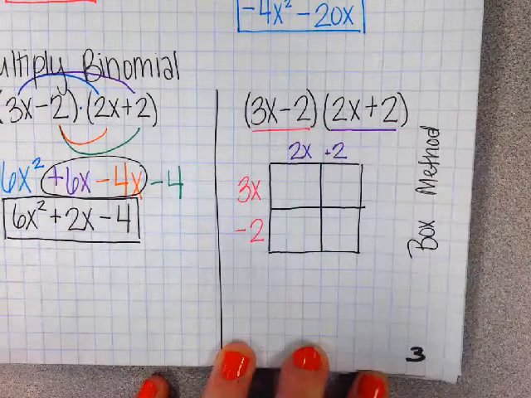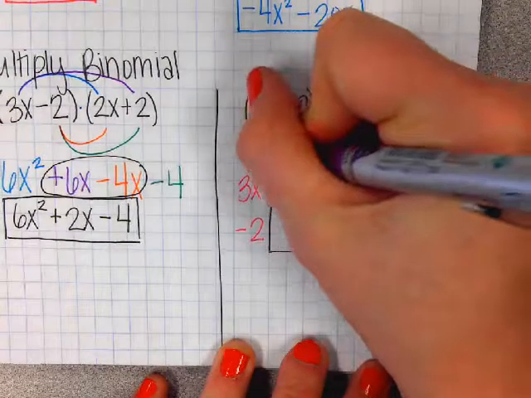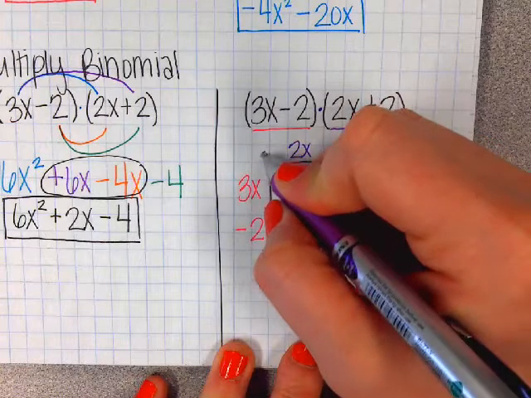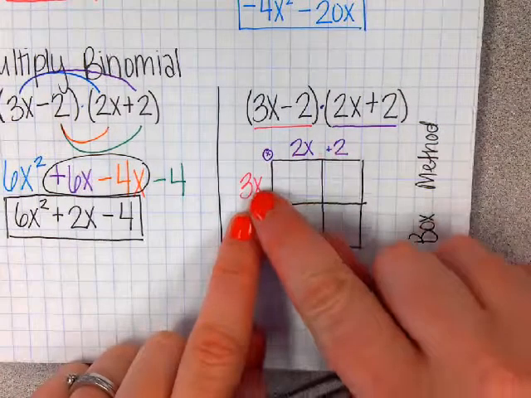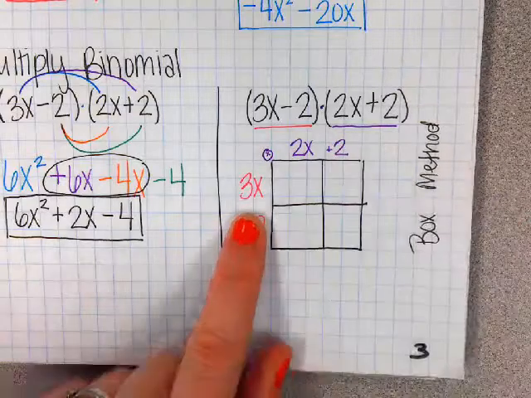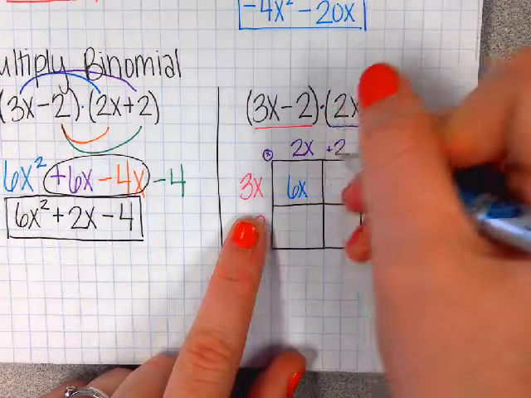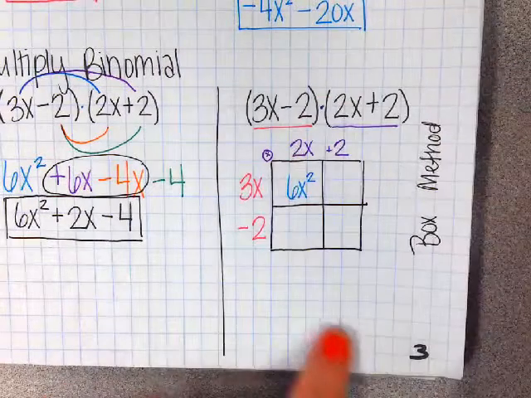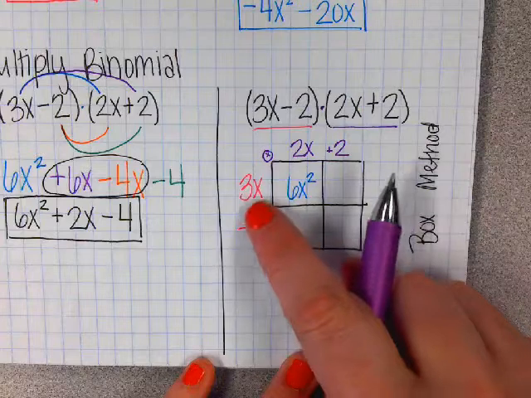Now, what operation is happening between the two parentheses? Multiplication. So you're going to just multiply. That's a multiply, not an x. So you're going to multiply 3x times 2x. What's 3x times 2x? 6x. x times x is x squared.